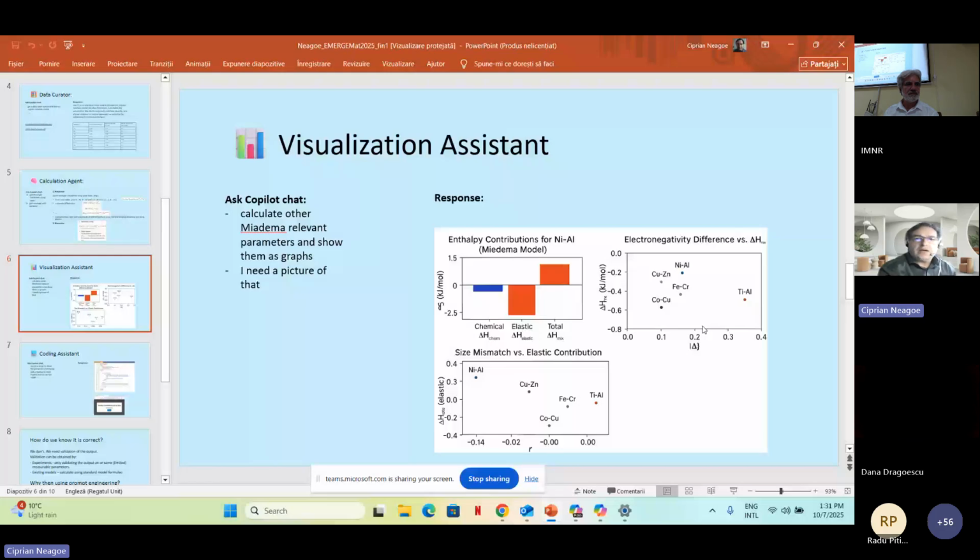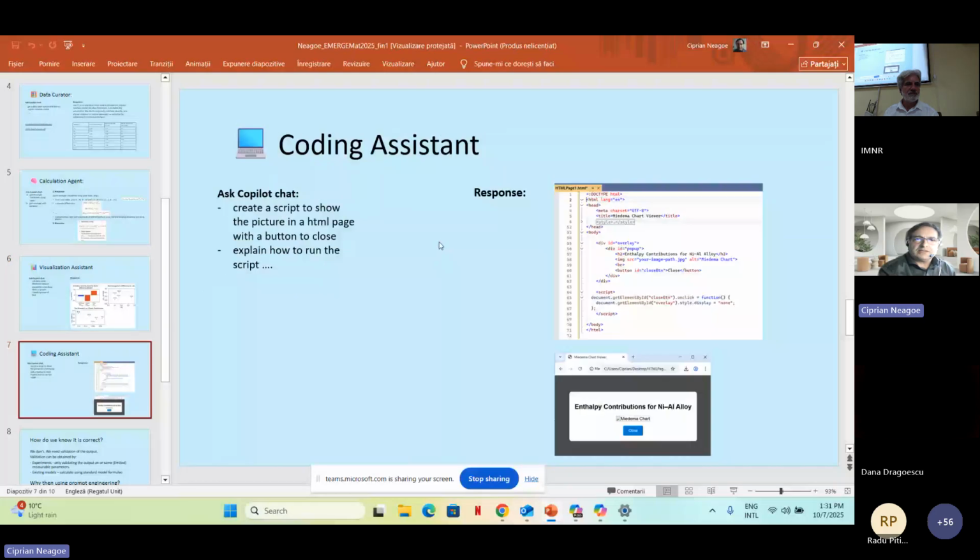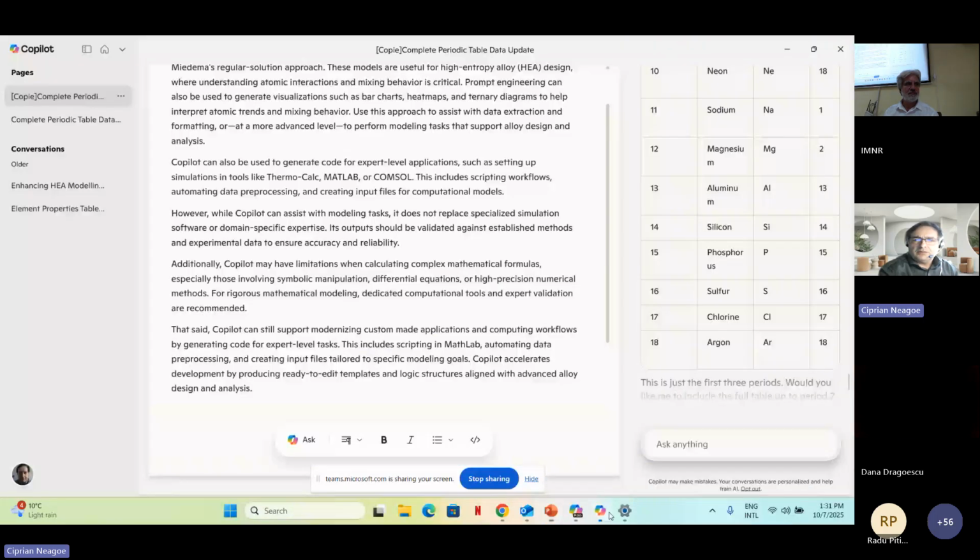Then one thing that is widely used in the software industry is a coding assistant from Copilot. We use a specialized, trained Copilot, GitHub Copilot, not this one. But I asked this normal Copilot that we have here to perform some programming for me.